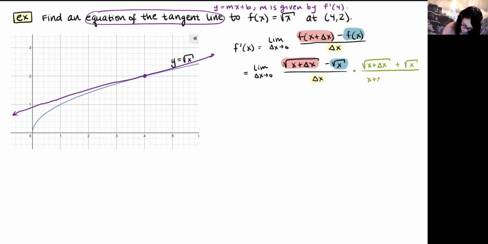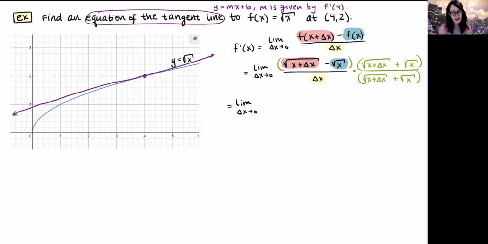Same thing top and bottom. Just like that. And it's always a really great idea to stick parentheses around things that have more than one term in them when you're multiplying. A lot of times we have to kind of FOIL stuff out or do a little more work than what it might look like at first.